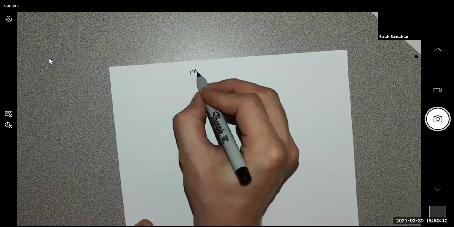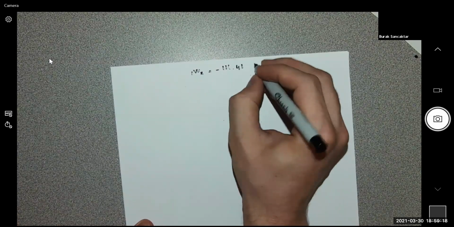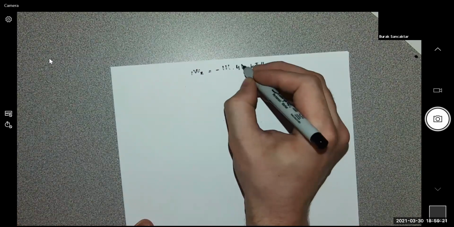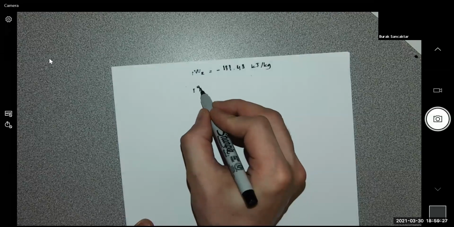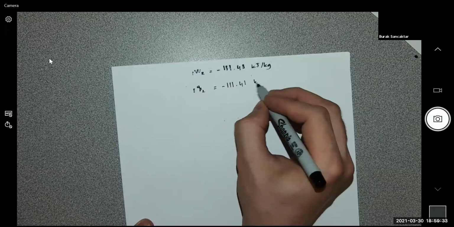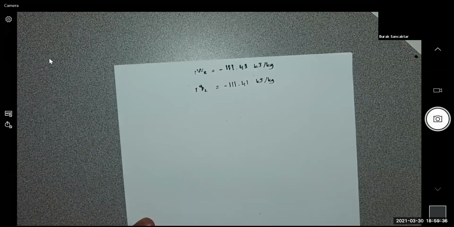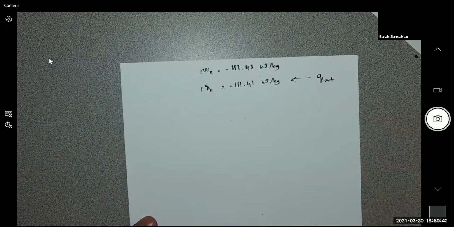Here, work from state 1 to state 2 will be minus 111.41 kilojoules per kilogram. And that way, I can find my heat from state 1 to state 2, which equals work from state 1 to state 2, minus 111.41 kilojoules per kilogram, right? This tells me that Q is out.